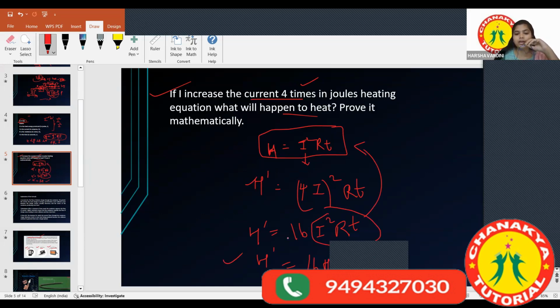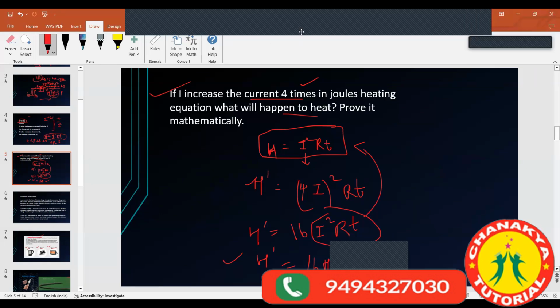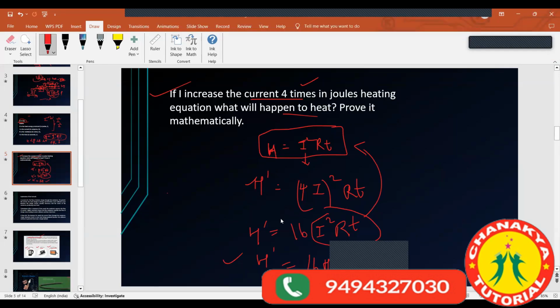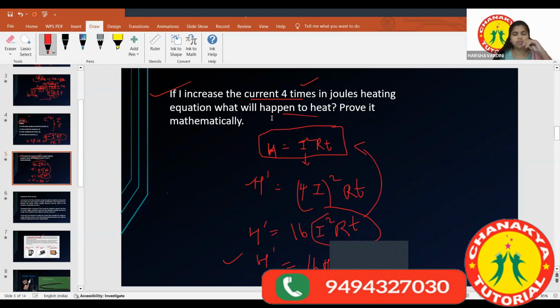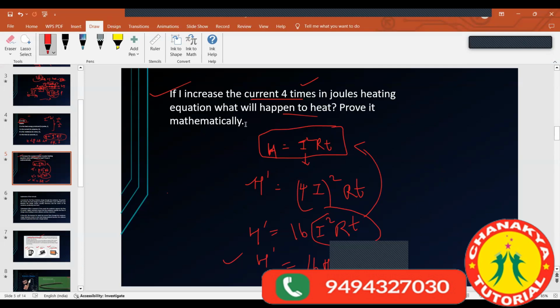Now I proved that when I increase the current 4 times. Ma'am, there is one black color thing blocking the screen, near H is equal to 16H. There is something like lines, a square, a rectangle full of lines, present in the corners of the screen also.